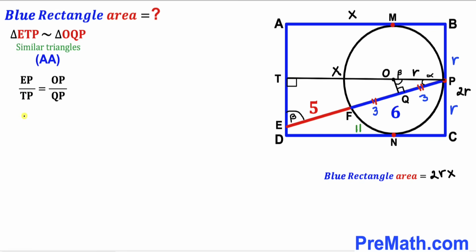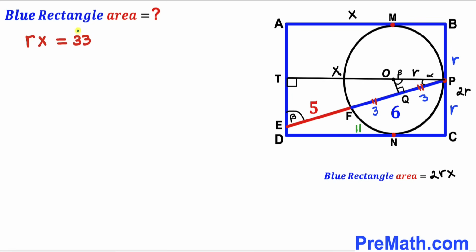So we can write 11 divided by x equals lowercase r divided by 3. Now we are going to cross multiply. So r times x is going to be equal to 11 times 3, which gives us 33. Thus we figured out our r times x value as 33.